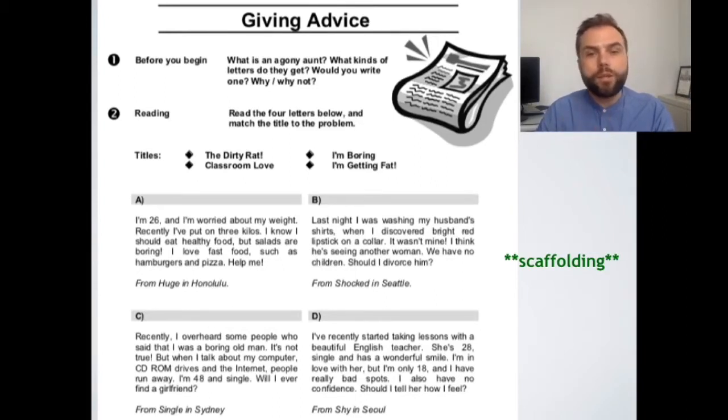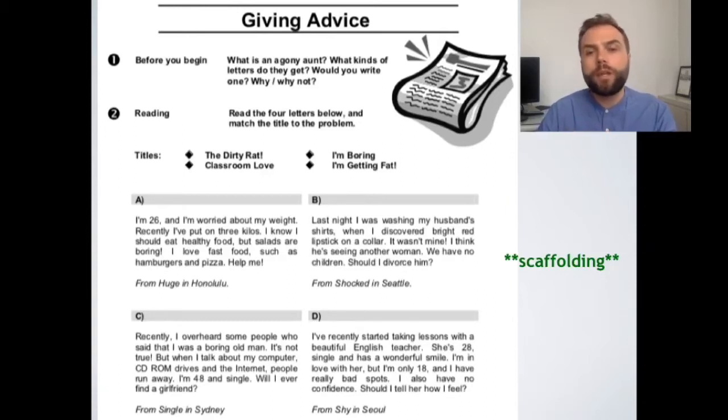So the task is that you have to add the correct title to each letter. The titles are The Dirty Rat, I'm Boring, Classroom Love, and I'm Getting Fat. Okay, so you have to match the title with the correct letter.